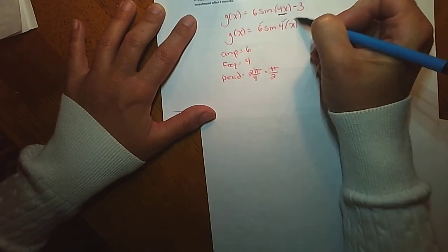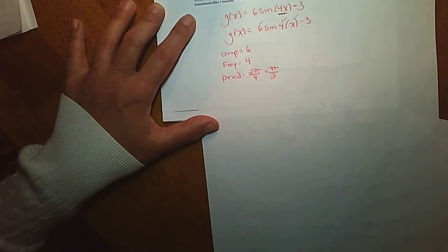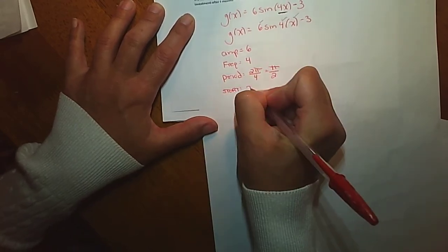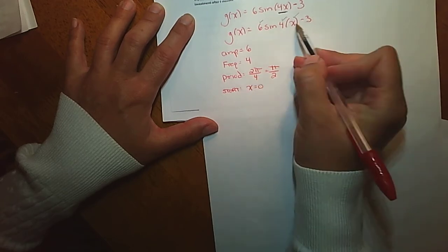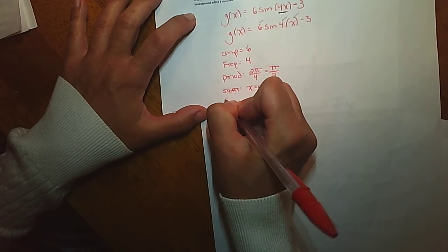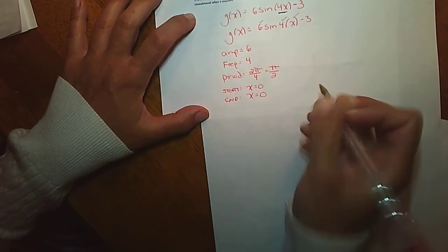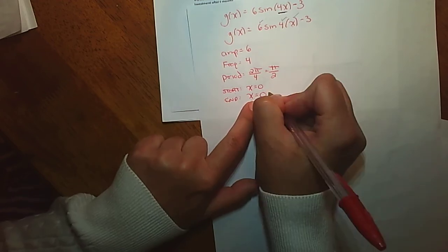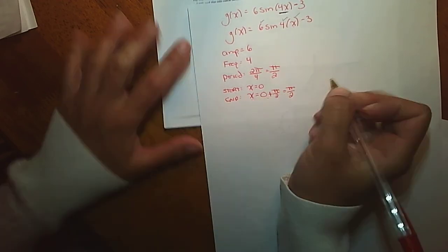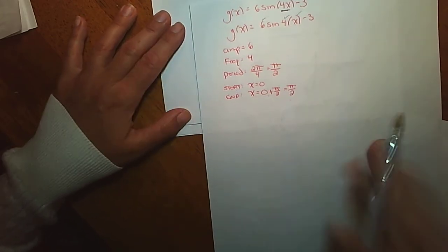Then look at the x. There's nothing in there with it. What does that mean the starting point is going to be? That means it's going to start at x equals 0. Because there's nothing in there. Now once I have the starting point, I'm going to get the ending point by taking the starting point and adding on the period. So that means one complete cycle will end by pi over 2.